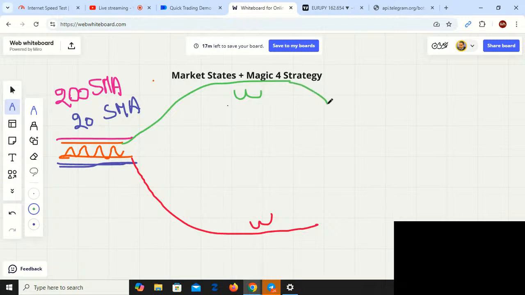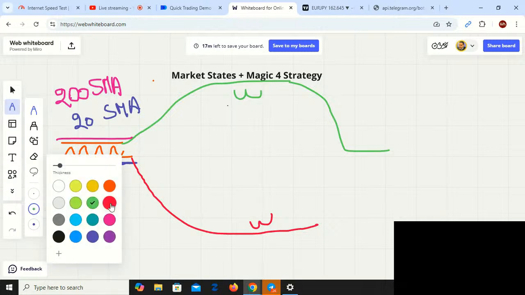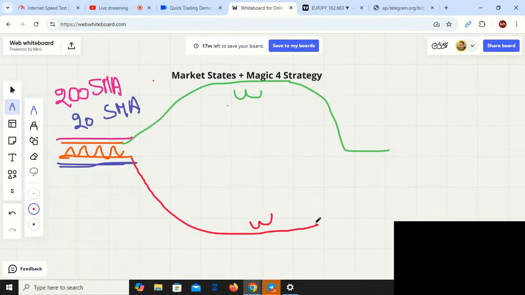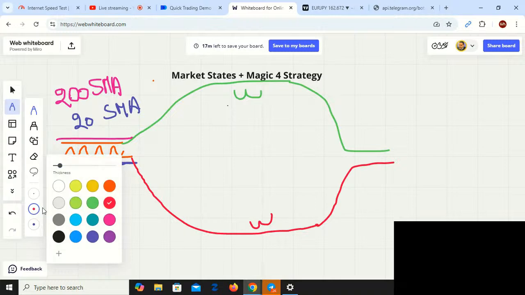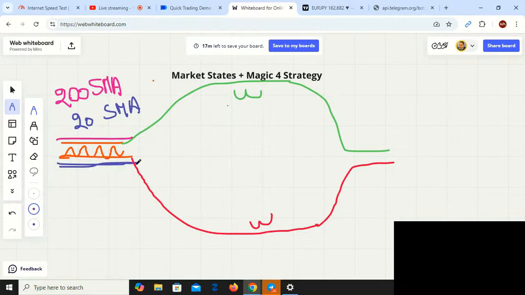It has to go back down to a narrow state. Now your 20 period moving average will be moving along the way in these directions as well.